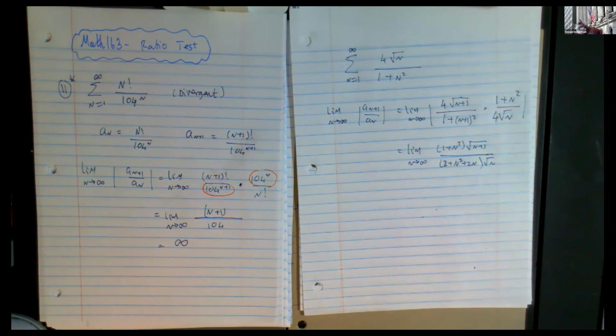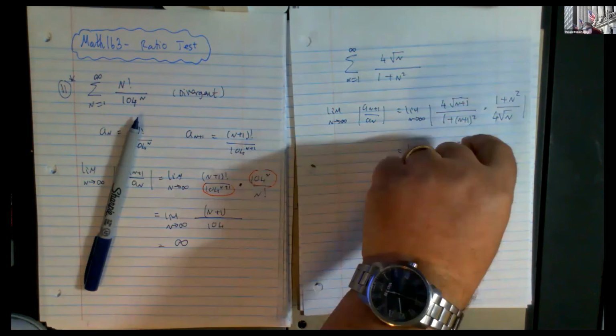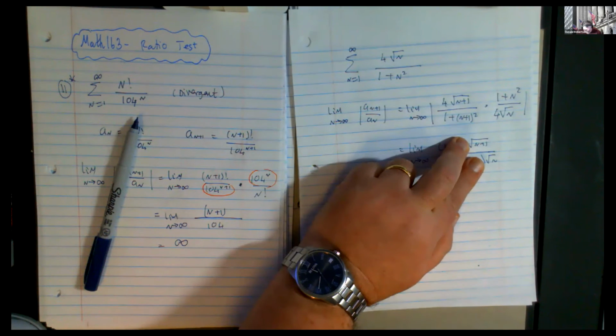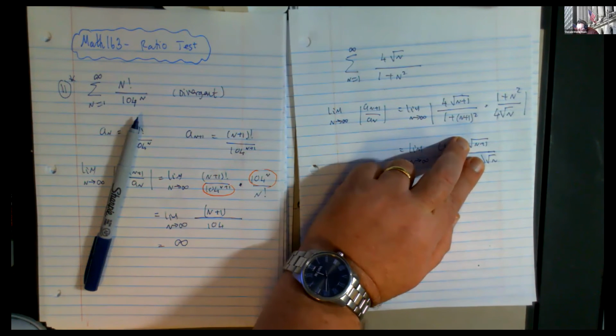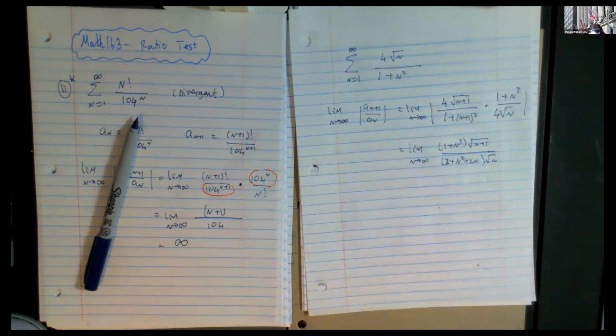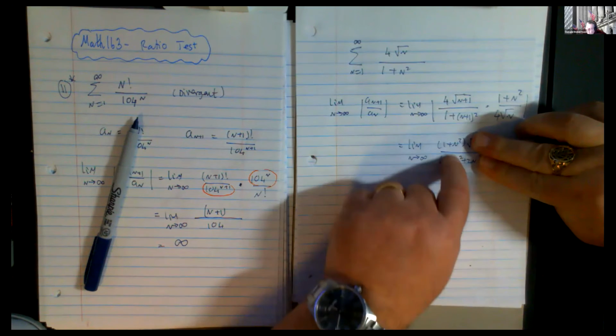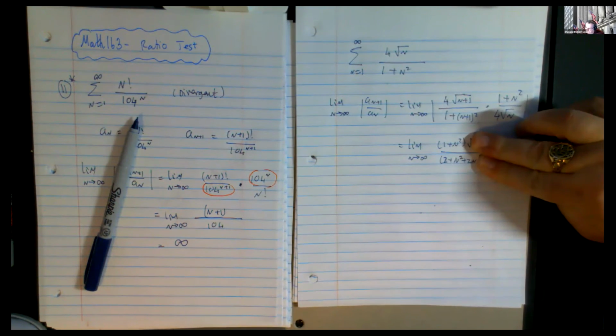Now, this guy is extra ugly. If it was just square root over square root, like if that was the only thing that was left, wouldn't the answer be 1? I mean, you could do a L'Hopital on it. I wouldn't choose to do that. I would divide top and bottom by the square root of n, right? And you get the answer. Now, if it was just this guy, wouldn't the answer be 1?